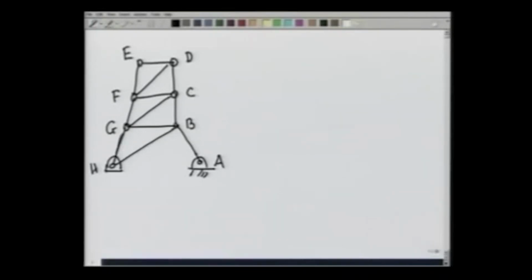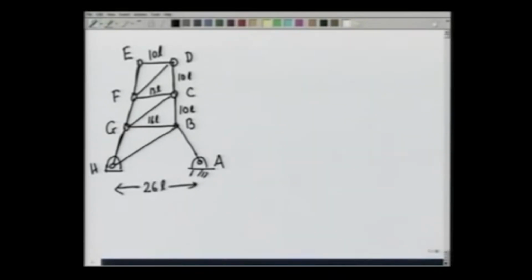Notice that these lines HG, GF and EF are slightly slanted, DC and BC are vertical. This is 10L in length, so is ED 10L, this is 13L, FC is 13L, GB is 16L and this length is 26L.